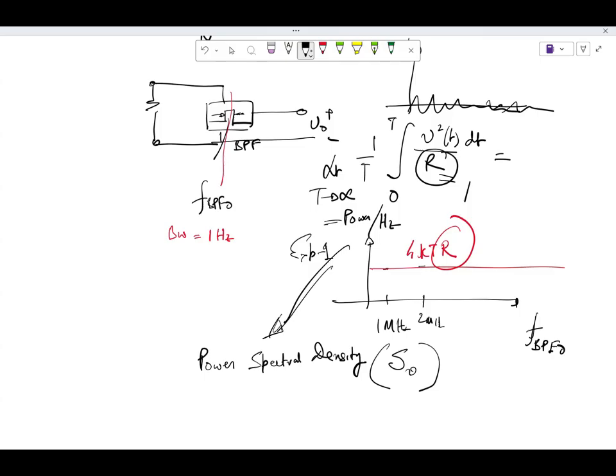Okay, fine. So this is as far as the statistics and how to characterize noise is concerned. Now the next question is, so what? I now have to get an estimate. I am never going to use only one resistor as is. We are going to use this resistor in a network. So given that there is a noisy resistance in a network, how can I model its effect finally?